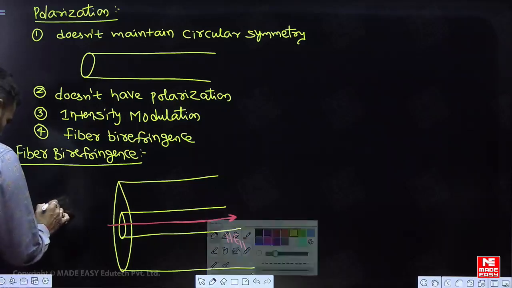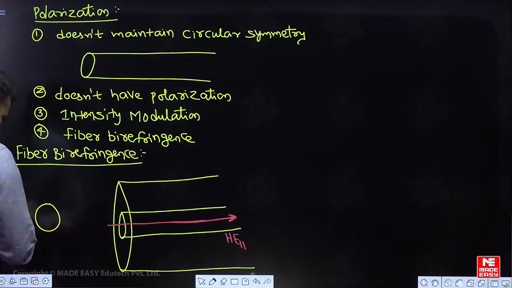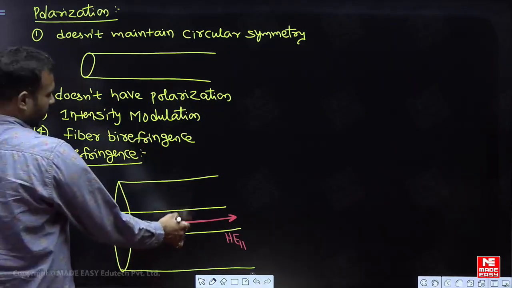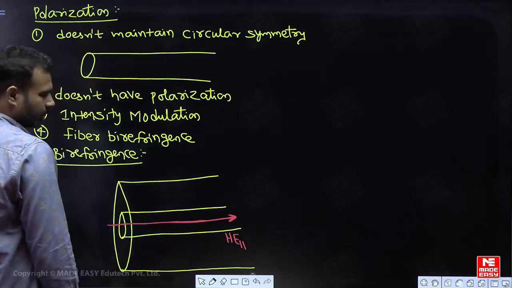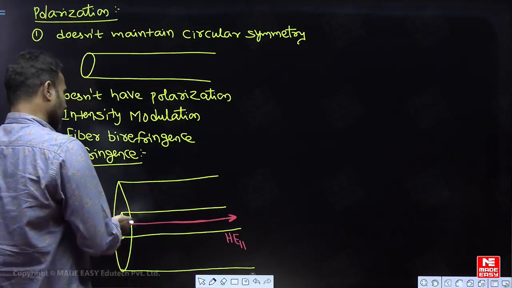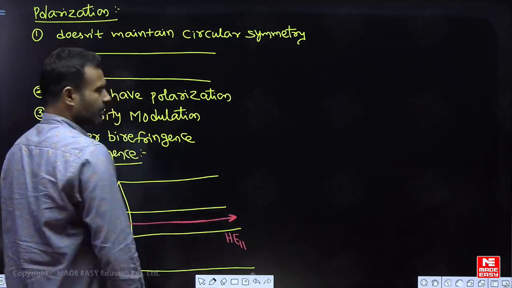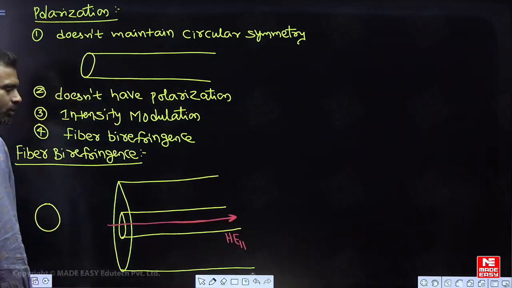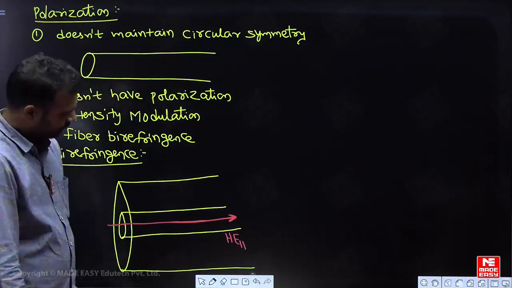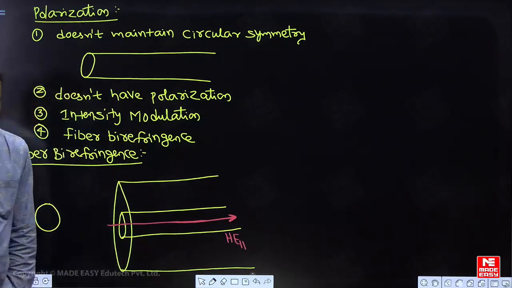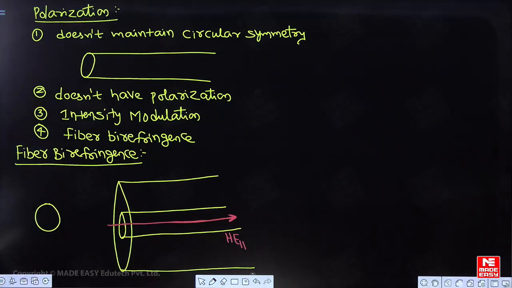So if your fiber maintains circular symmetry, the light ray will travel with uniform velocity throughout the length of the fiber. So there is no issue if it has circular symmetry.